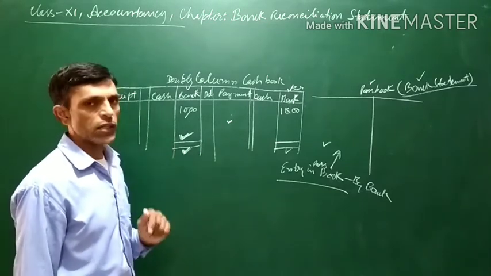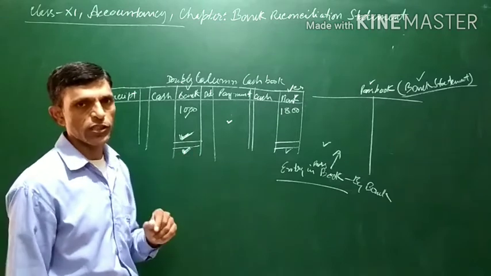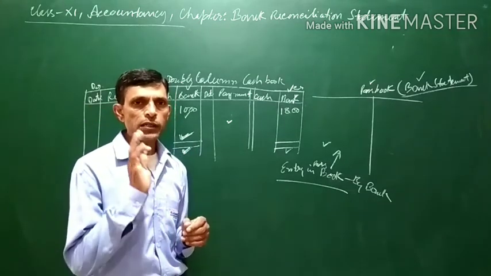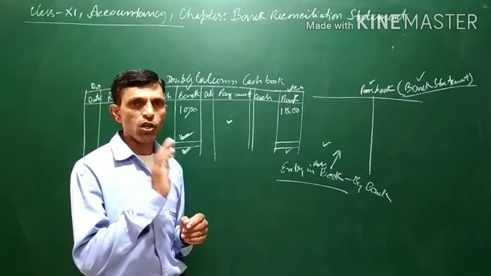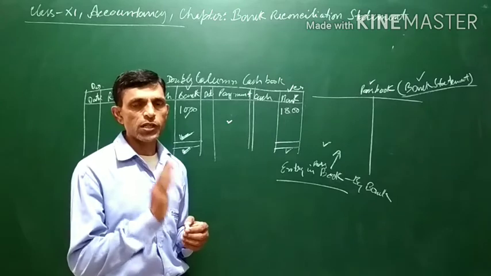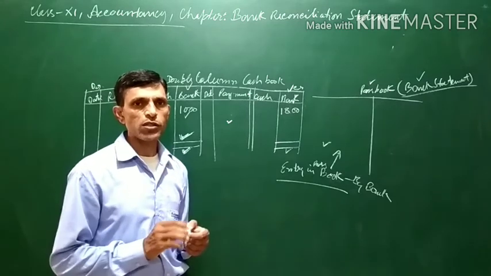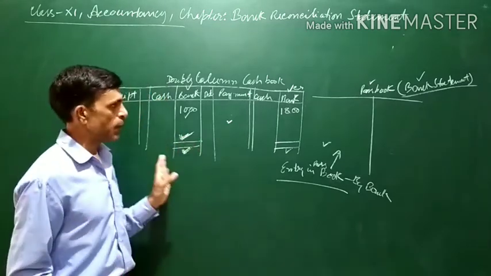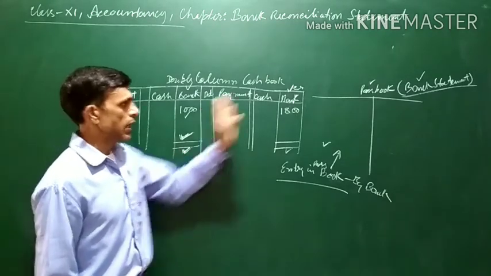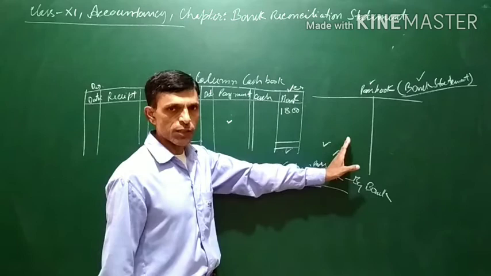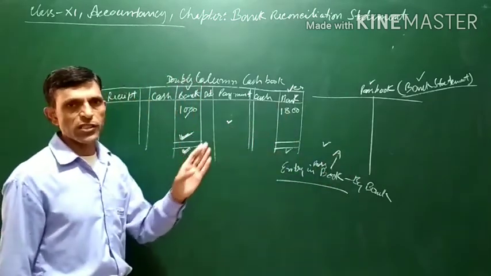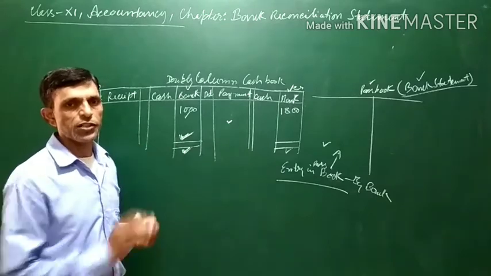In order to find out the differences, a statement is prepared, in which the causes of the difference between the balance as per cash book, that is the bank column of cash book, and the balance as per bank statement or passbook are mentioned.